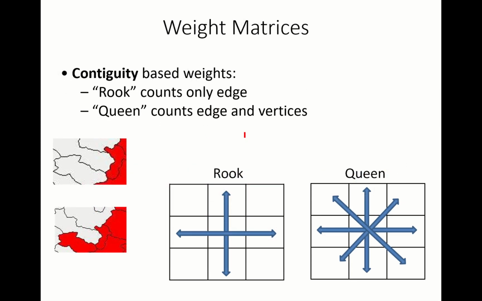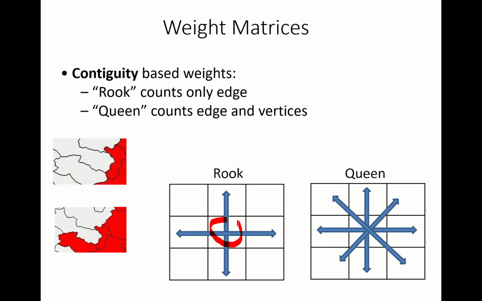The contiguity is a little bit different. It's looking at how the variables are different or similar to the cell in question based on whether they're nearby or not. We're going to look at two types of contiguity weights. One is called the rook.